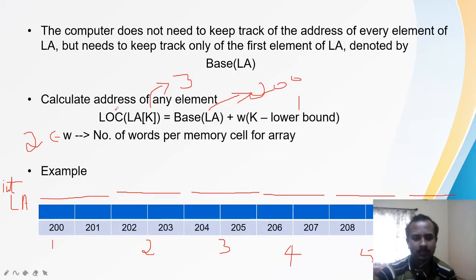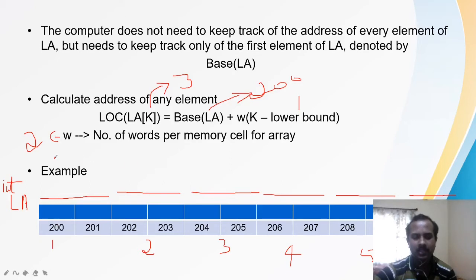LOC of LA of K, that is LOC of linear array of 3, is equal to base of LA. What is the initial address of the LA? 200, the address of the first element, plus W. What is the size that I have taken?